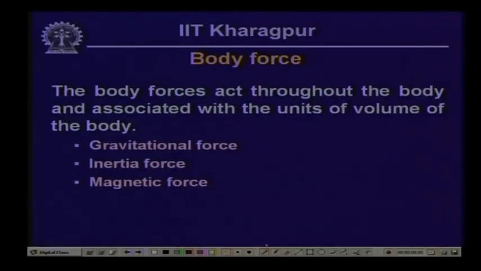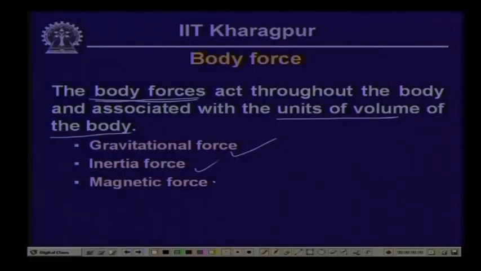Well, having known the units, let us look into some aspects of the forces that a body, I mean a member, is subjected to. Now, we come across a term which we call a body force. Body force basically is associated with the volume of the body, and thereby it is a distributed system, the force which is distributed over the entire volume of the body. In that sense, the gravitational force or the inertial force or the magnetic force are the forces which we term as body forces.